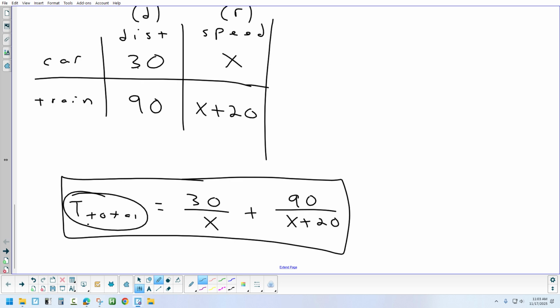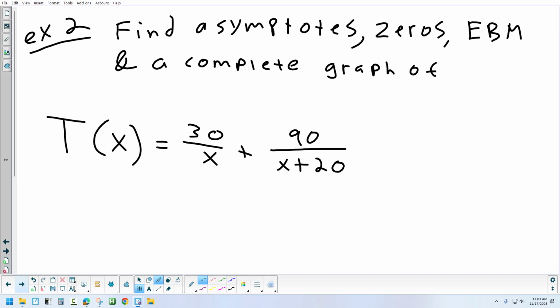So no negative time, no negative speed, when we're thinking about it in terms of a word problem. For a minute, forget that this is about a word problem. So if we get a negative answer for x, for what we're about to do, it's okay. We're just looking at this as an equation. It has nothing to do with driving a car right now. Just an equation we're going to solve.